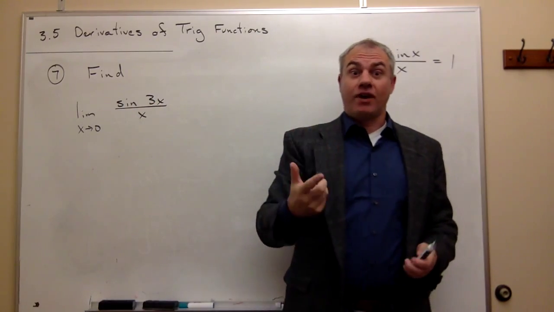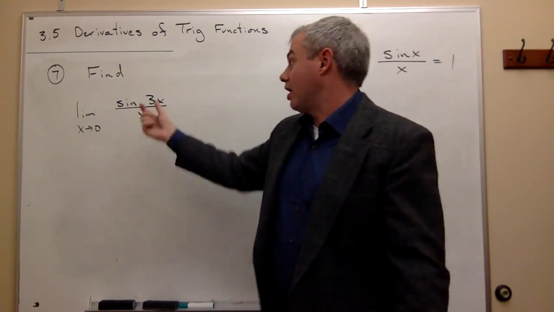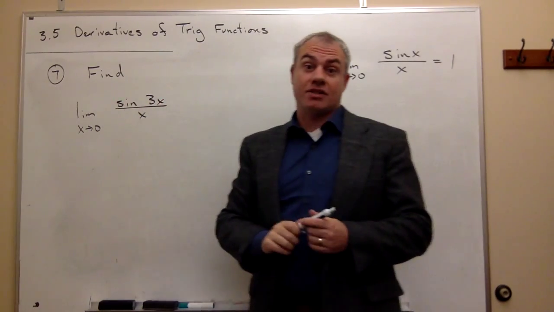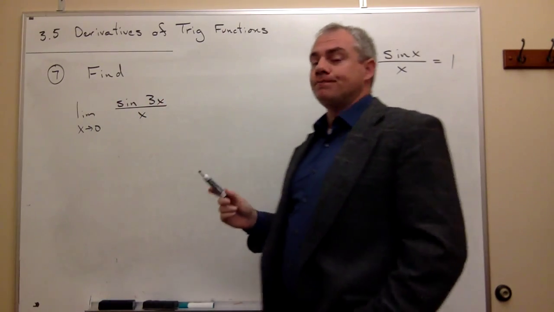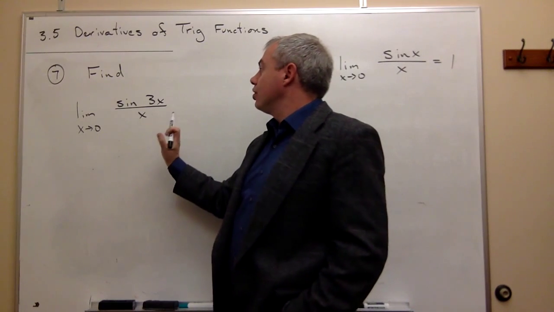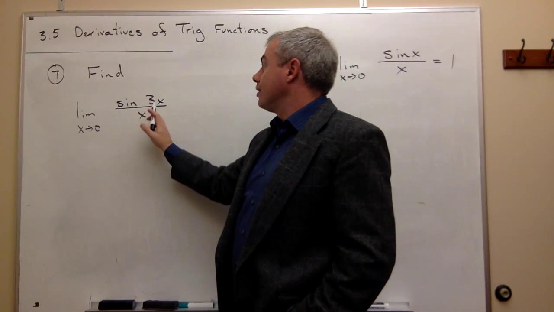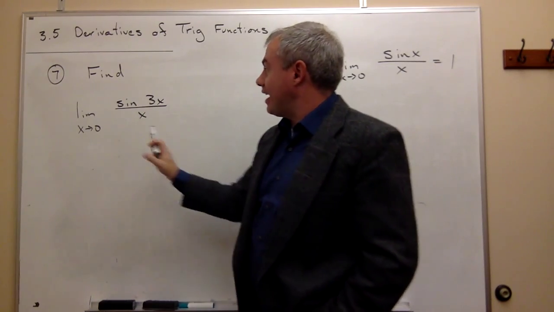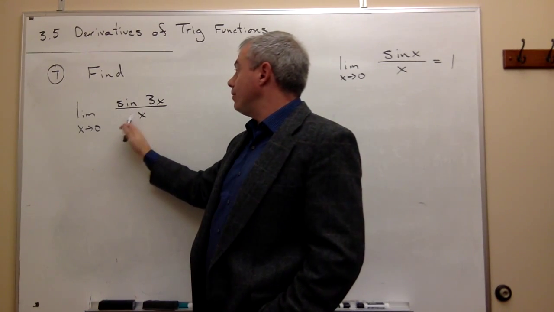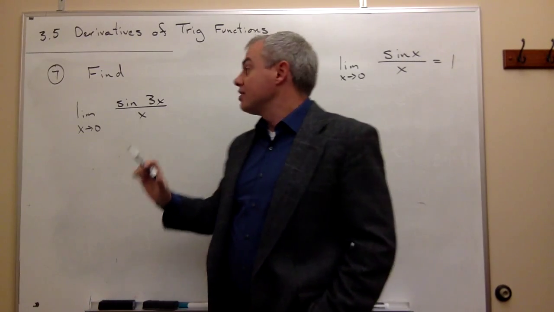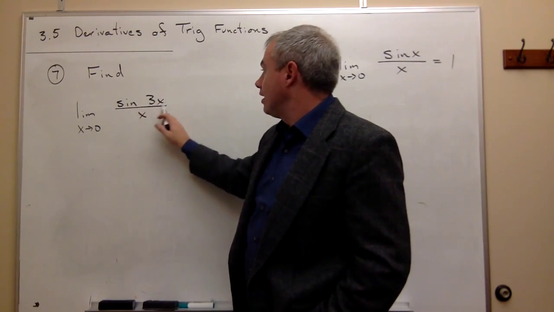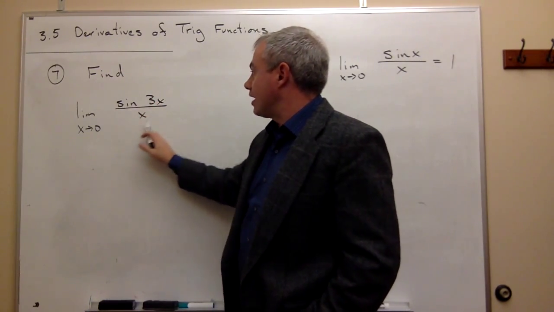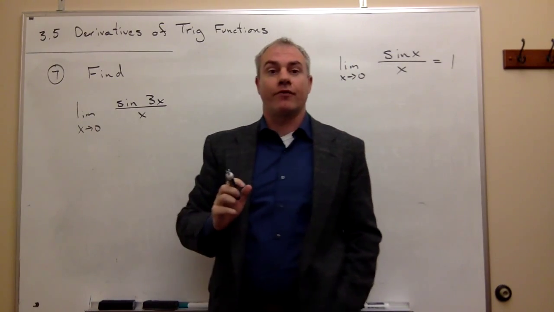A sine is a function, and certainly we cannot pull the 3 outside. The 3 is trapped inside the sine. But what we can manipulate is putting a 3 down on the bottom, so that what is here is the same thing as what is here.